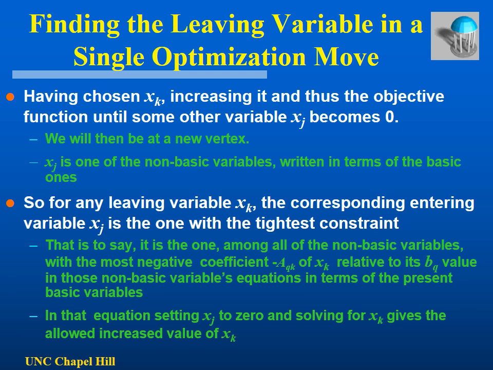For each x sub q, we have a constraining equation of the form bq minus some aqi xi, where the xi are the basic variables, all of which are 0 except for the one that we are now increasing, that is to say, x sub k.